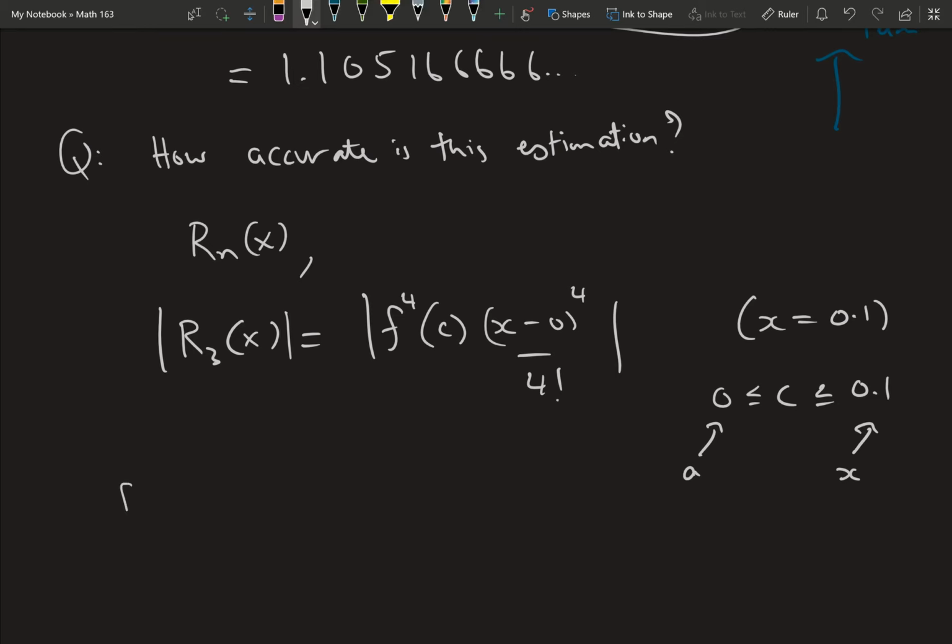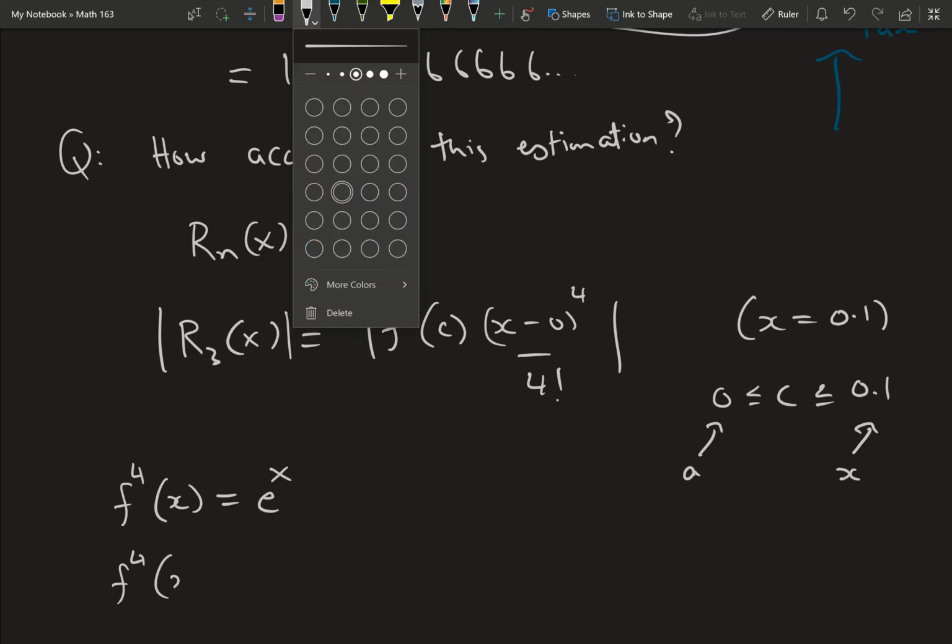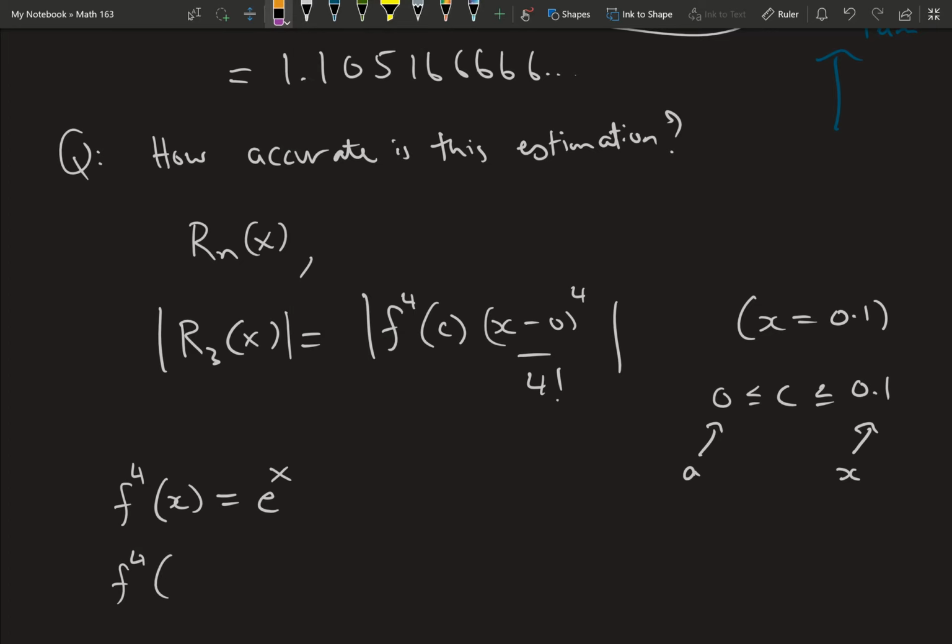So for example, first of all, the fourth derivative of f is still e to the x. So the fourth derivative at c is e to the c. Now, how large can that be? Well, e to the x is increasing.